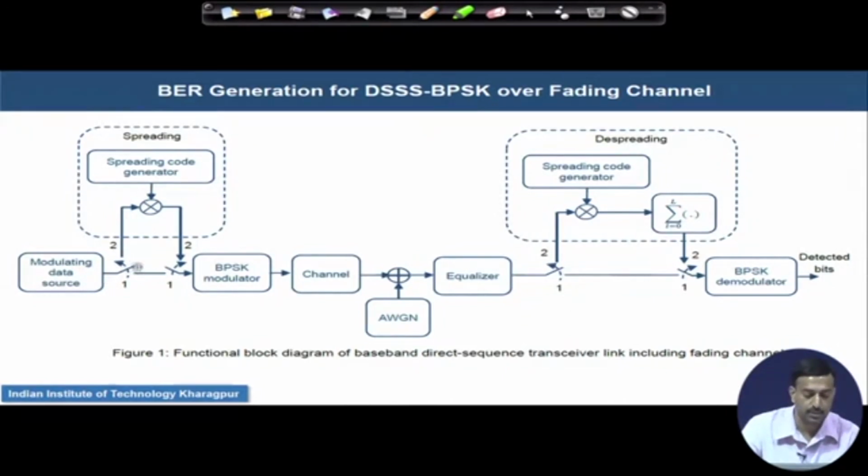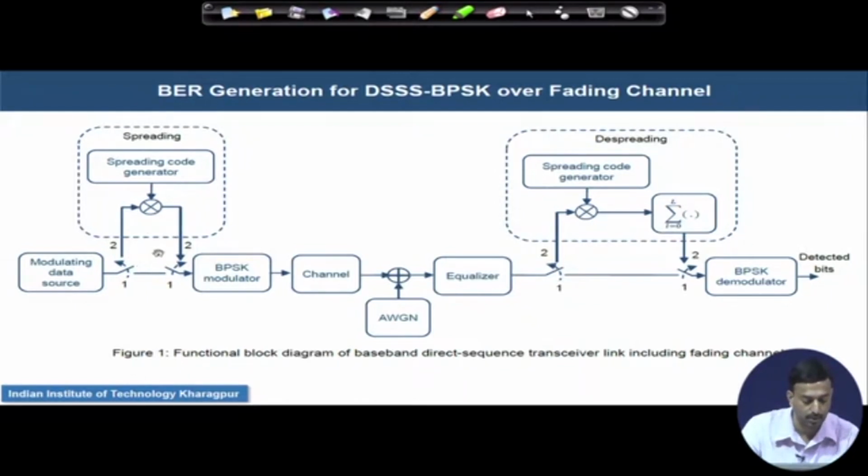The operation of the switches is such that if all the switches are on position 1, then we have a conventional BPSK modulated system without spreading, whereas switching to 2 incorporates the spreading process and correspondingly the de-spreading process at the receiver. So we are going to analyze the performance of the spread spectrum system.